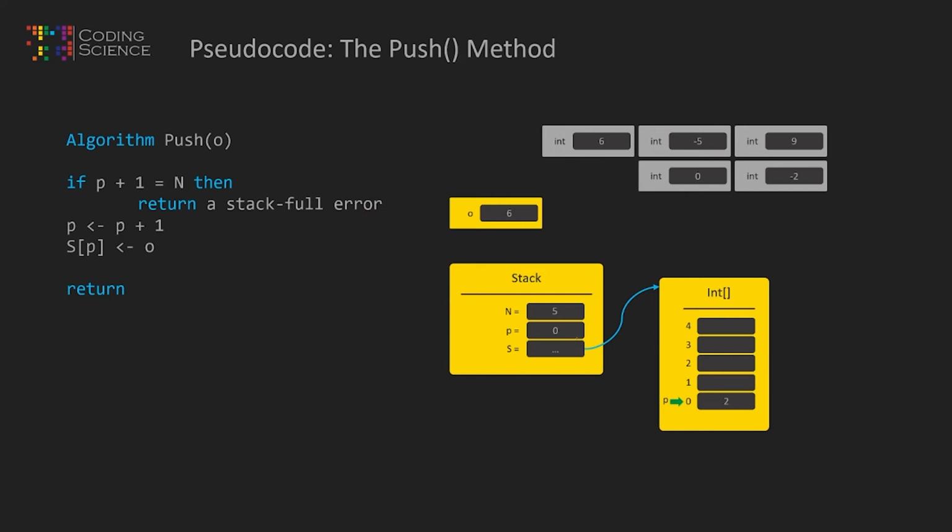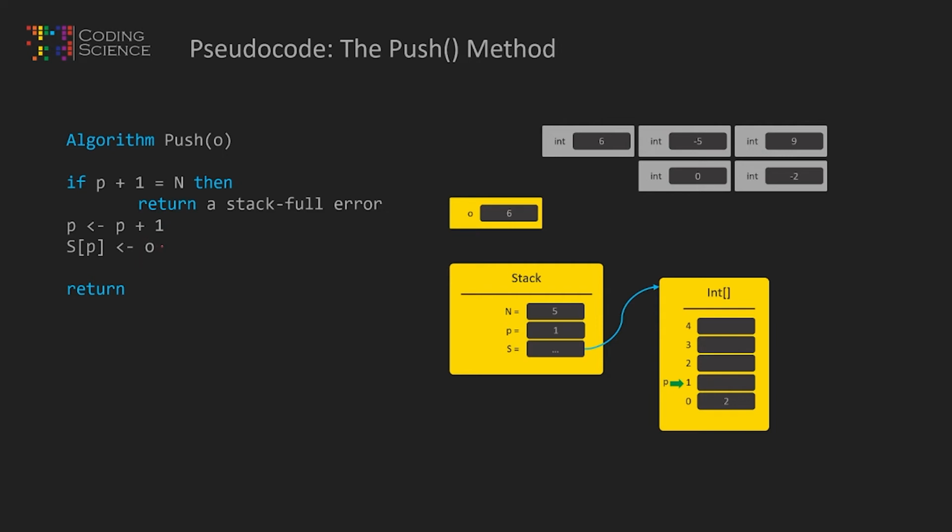So p plus 1, 0 plus 1 is 1. Then we will put that value 1 into p. Let's do it. There we go. Fine. So p has now the value 1. So it will jump up to the element in the stack here. Okay, next line.